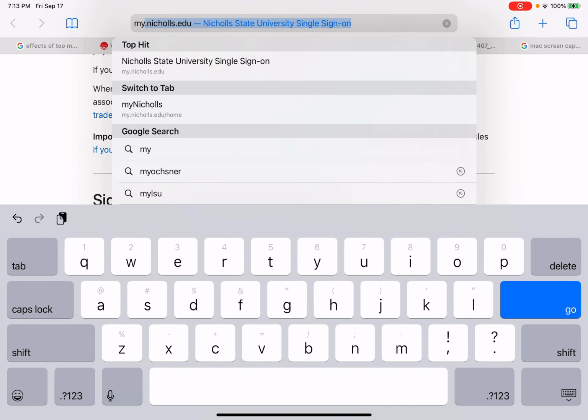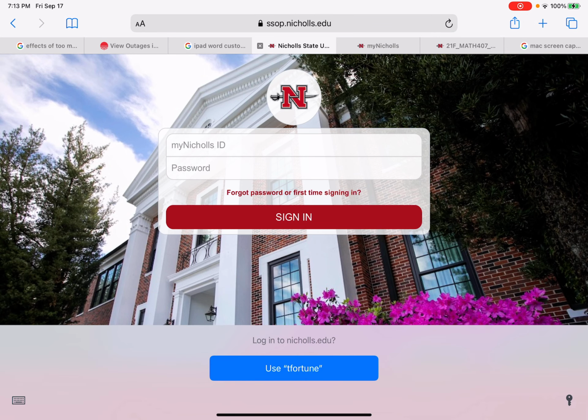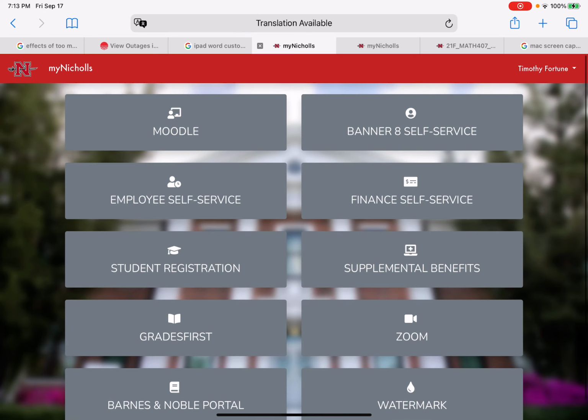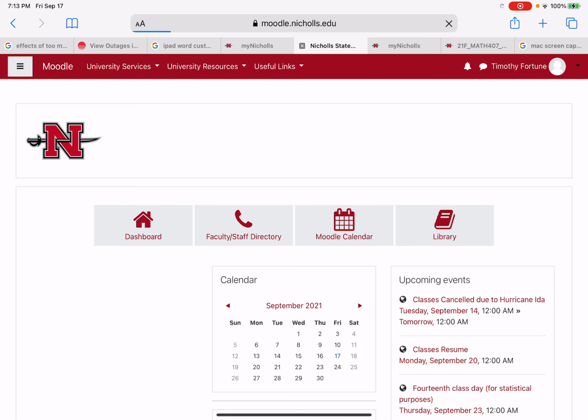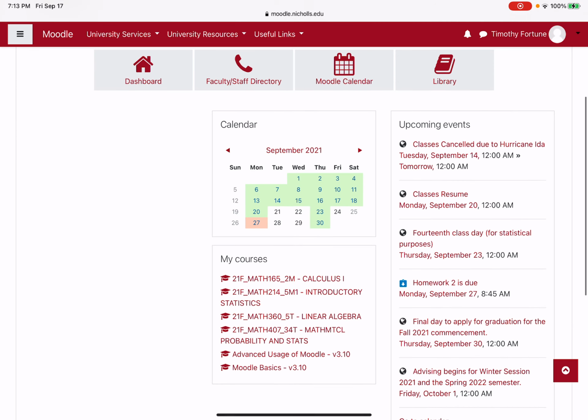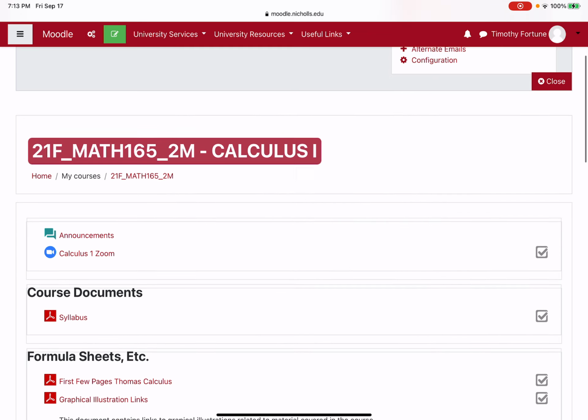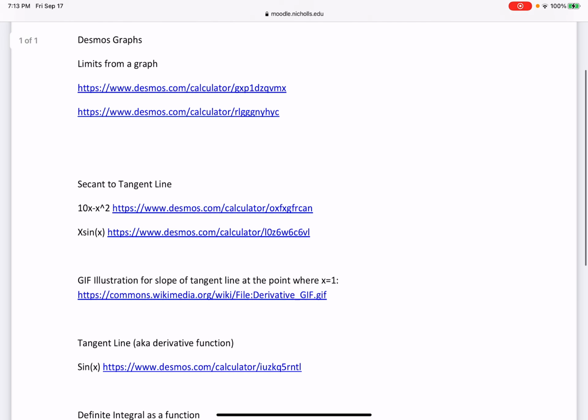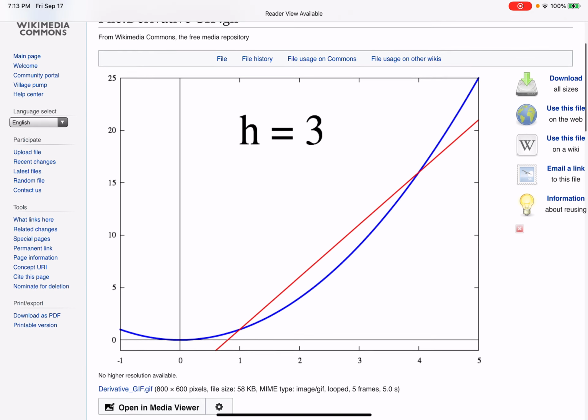And we'll go to our class. And this is it, this graphical illustration links. Like it says here, thank you to Dr. Heather Gamble. She put this together. And I actually added this one. So let's have a quick look at that.